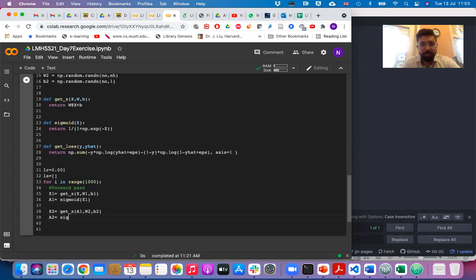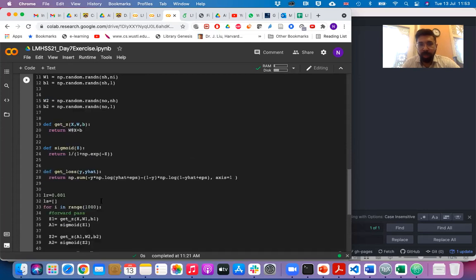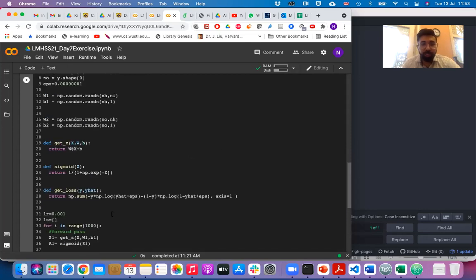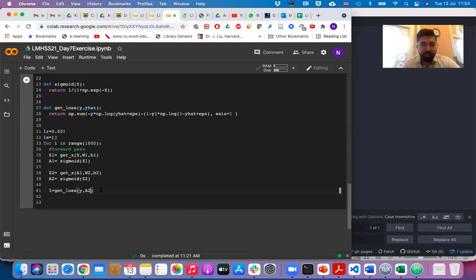It would be just sigmoid of Z2. Now that I have the output of my neural network in A2, I need to calculate the loss. So I can say L is equal to get_loss, and it takes in Y and A2. Remember, A2 is equivalent to Y hat. Y hat is the output of the neural network, and in my case, I call it A2.